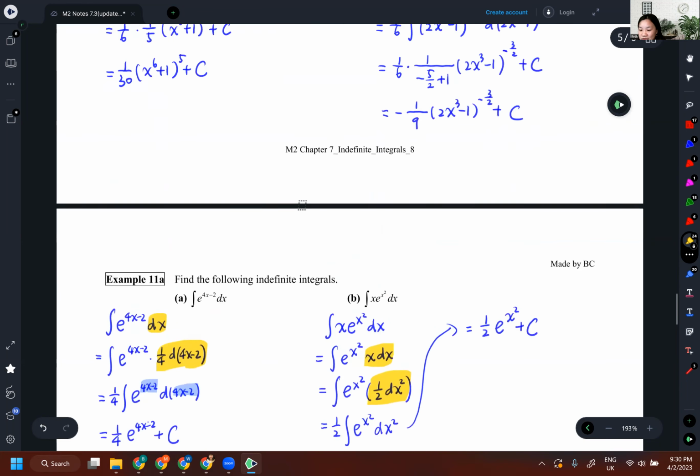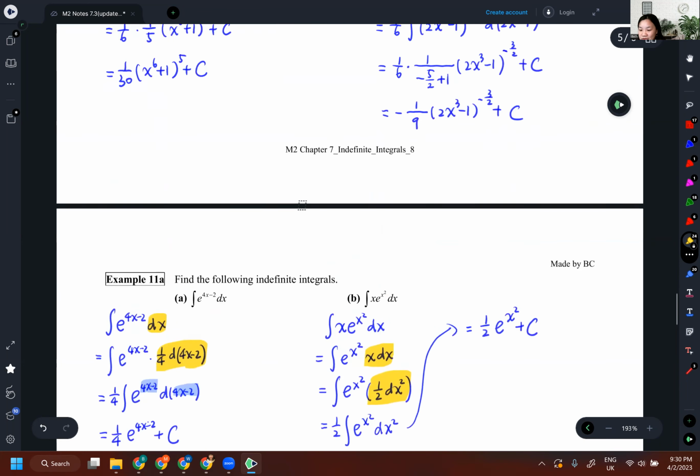When I copy the question, I will also separate it into two parts. I want to put these two together because I know that this is e to the power x plus 1, and this is d e to the power x.